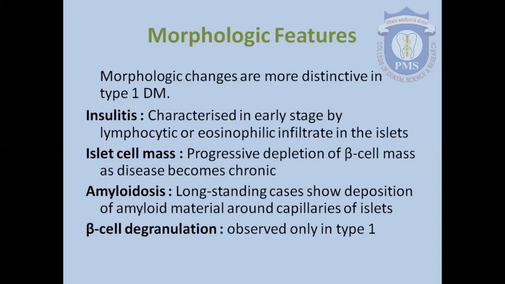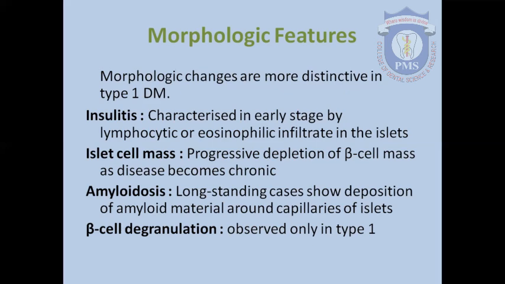Morphologic features. Morphologic changes are more distinctive in type 1 diabetes mellitus. These include insulitis, characterized in early stage by lymphocytic or eosinophilic infiltrate in the islets, islet cell mass, progressive depletion of beta cell mass as disease becomes chronic.